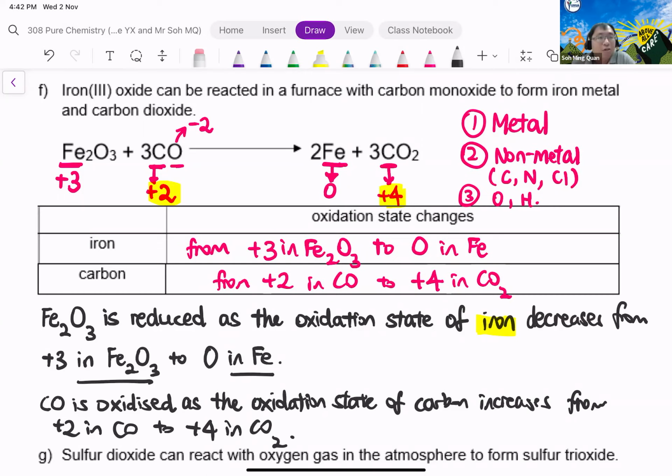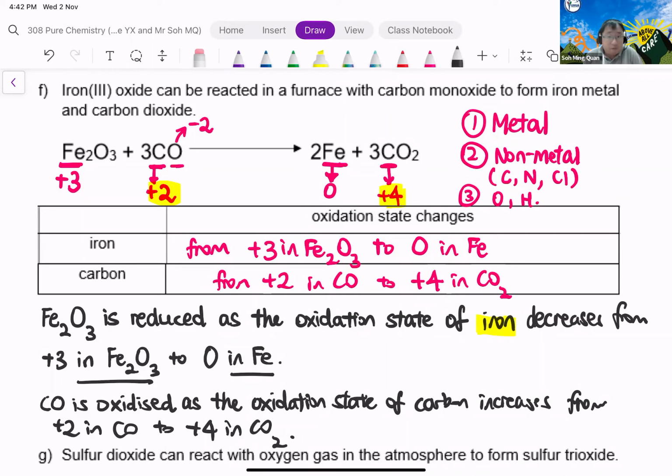So with that, we've actually finished the final definition for redox, which is oxidation states. So how do you use increase or decrease in oxidation states of elements to work out whether something is oxidized or reduced?